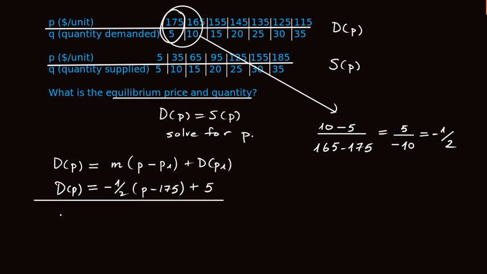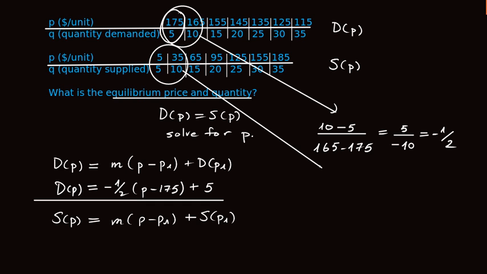Now let's move on to the supply function. S of p is also a linear function, so we have m times p minus p1 plus S of p1 for some nice point p1, S of p1. In this case, however, the slope is given by, for example, these 2 points. So let's look at that. We have 10 minus 5 again.